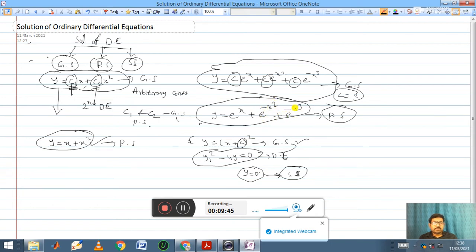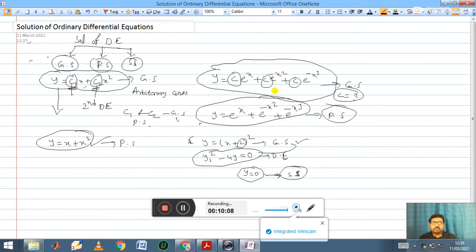If you replace c by 0, 1, 2, 3, whatever it may be, it will not give this solution, right? It is not affecting the general solution. Hence this singular solution is completely different from the general solution and it is not depending on any arbitrary constants.